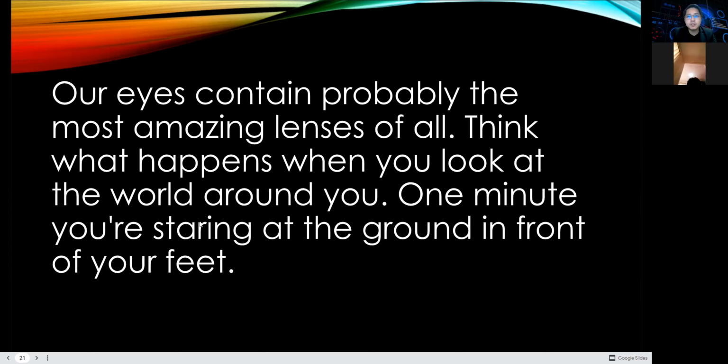And if you focus on your background, it returns to its form. So our natural lens has a bigger focal length, and of course a smaller f number.